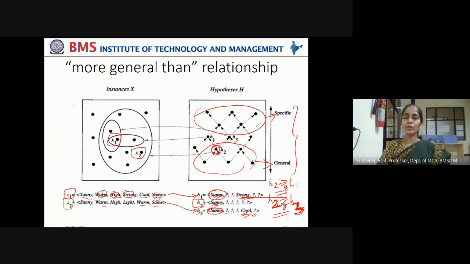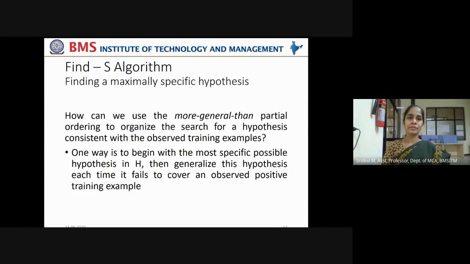That is why they do not coincide. These two hypotheses will not coincide because there is a specific requirement associated with H1 and H3. So from all this, what you understood: H2 is more general than H1 and H2 is more general than H3, but H1 and H3 are not related because there are specific requirements associated with those hypotheses. Got it?